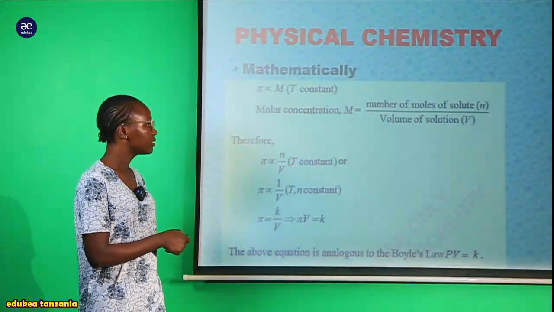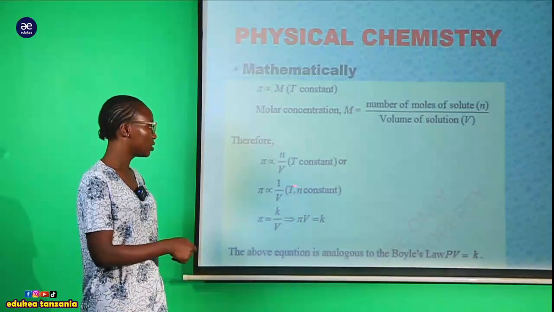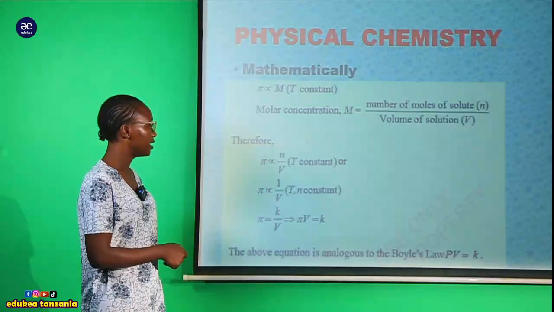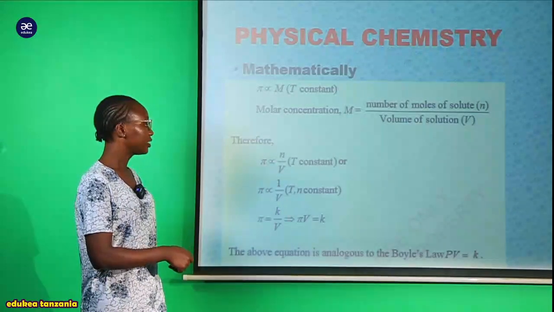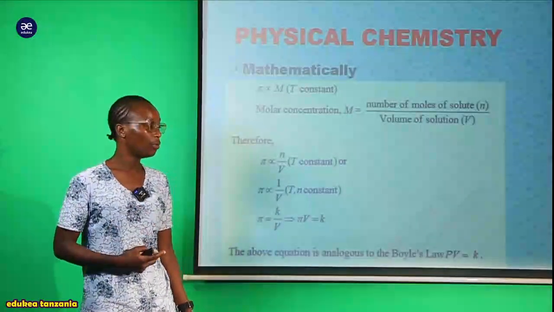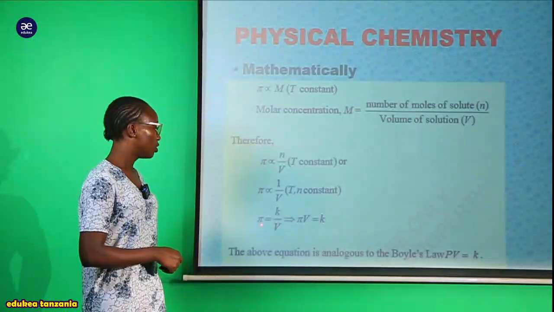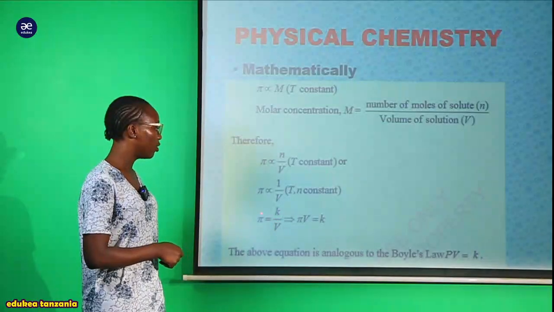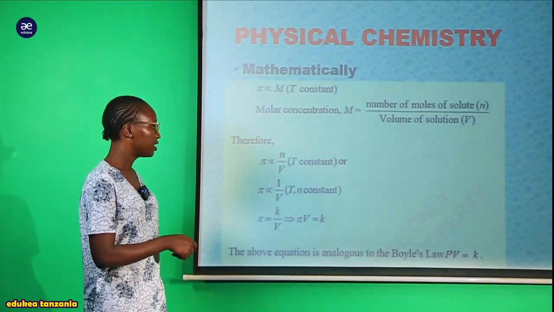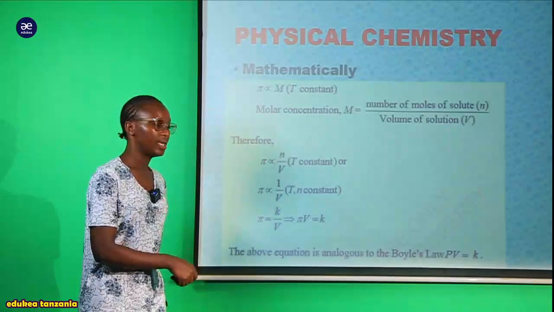This one at the constant temperature. Or sometimes tunaweza tukaweka hivi kwamba the osmotic pressure is inversely proportional to volume at constant T and N, at constant T and number of mole. Therefore osmotic pressure itakuwa sasa na K over V, ambapo itakuwa sasa na osmotic pressure times volume sawa na K.